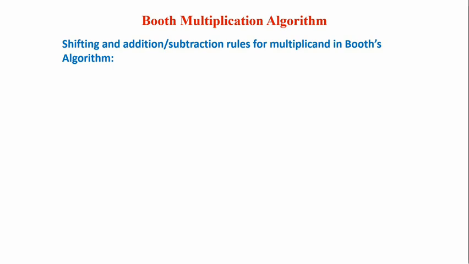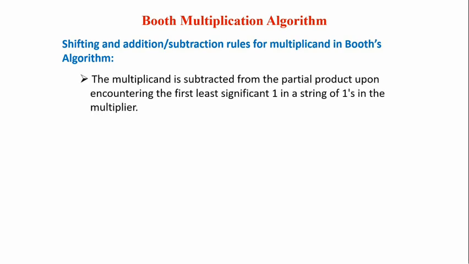the shifting and addition-subtraction rules for the multiplicand in Booth's algorithm. The rules are: the multiplicand is subtracted from the partial product upon encountering the first least significant one in a string of ones in the multiplier. First least significant one in the string of ones means that the previous bit is 0.